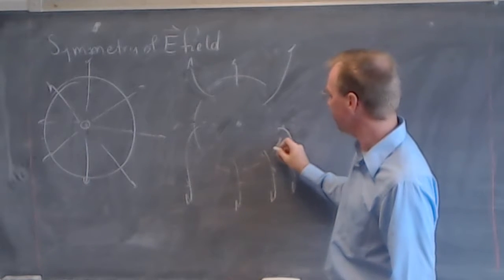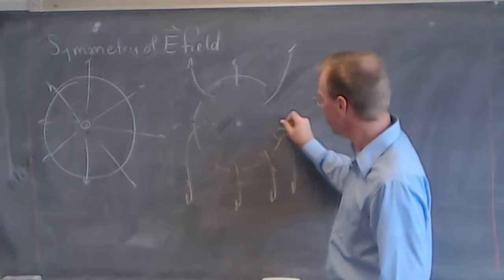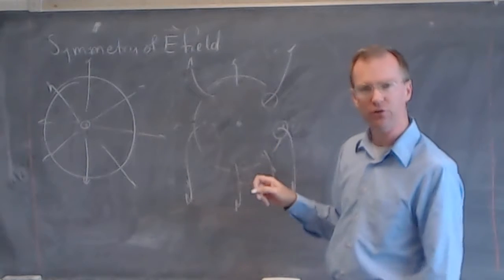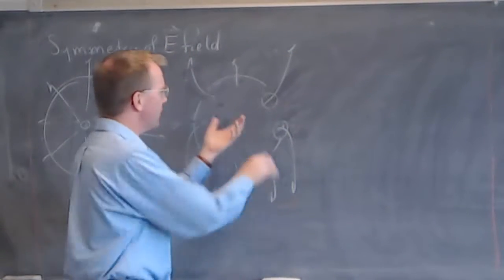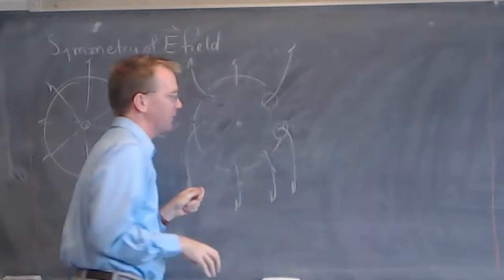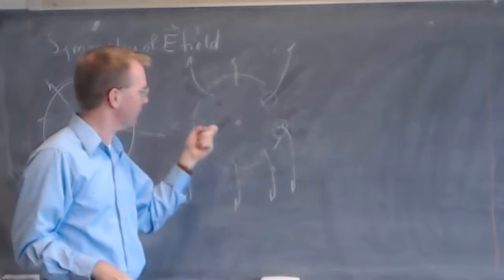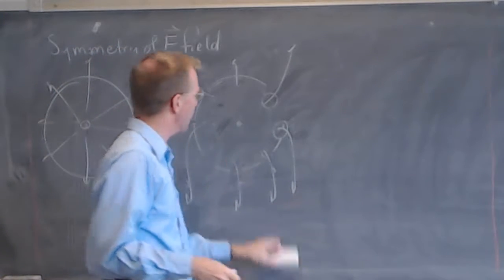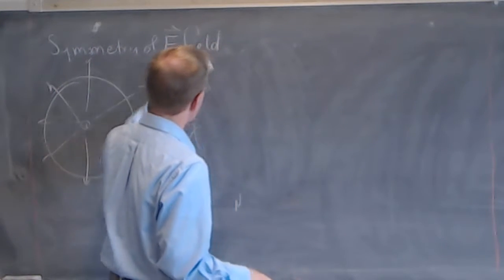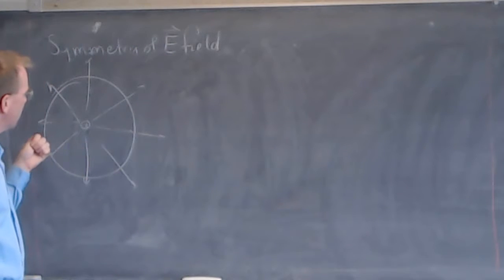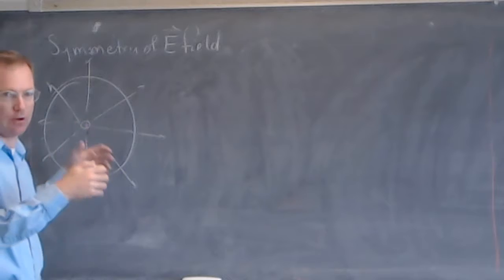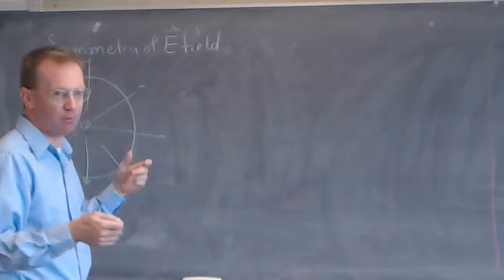Otherwise, I would be saying that there's something different about this patch here than that patch here. And if I were to rotate this up, why would they then be parting out sideways if the charge has a spherical symmetry? And so what I can conclude is that the lines have to radiate out in straight lines away from a point charge.